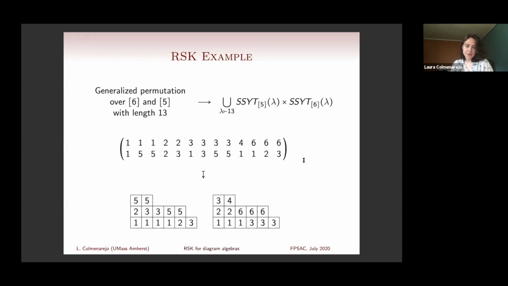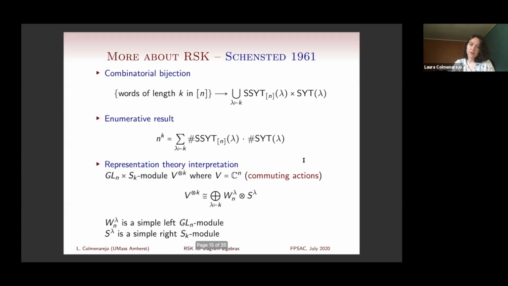Now, this insertion algorithm has very nice properties when it comes to enumeration and representation theory. So I'm going to back up a few years. I was giving you the algorithm with Knuth's result, and I'm going to go back a few years in time and look at the Schensted algorithm. What he did was give a bijection between words of length k in the alphabet 1 up to n, and a pair of a semi-standard Young tableau and a standard Young tableau.